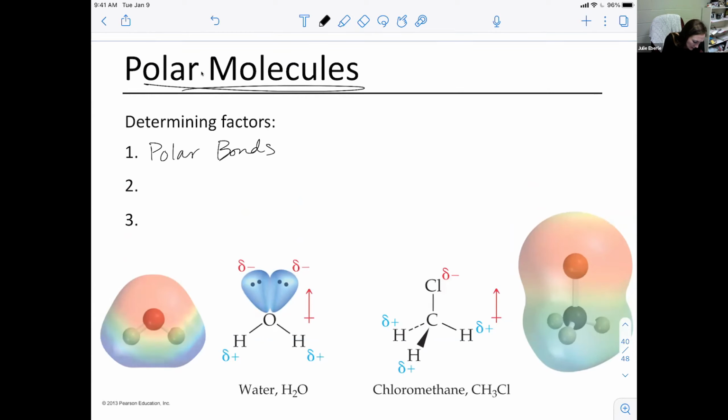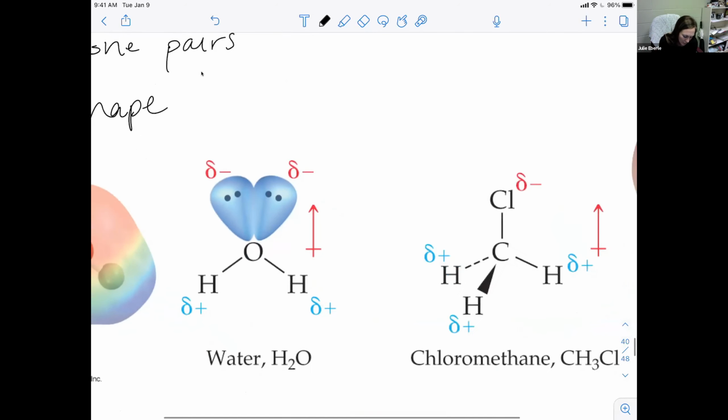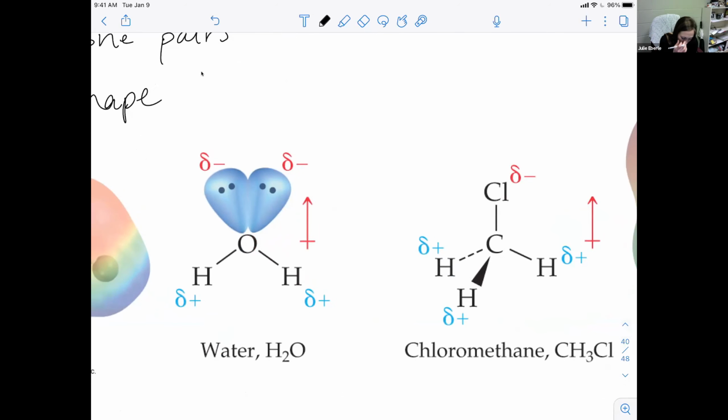It also depends on whether it has lone pairs, because that is an area of a lot of electron density, and whether it is symmetrical or not, so the shape. These are 3 determining factors. I always walk through water as an example. We decided that oxygen-hydrogen bonds are polar because those electrons are not shared evenly, they're pulled towards oxygen.